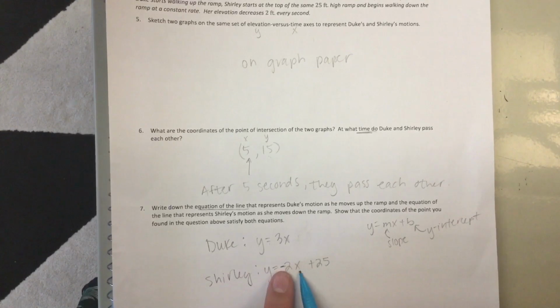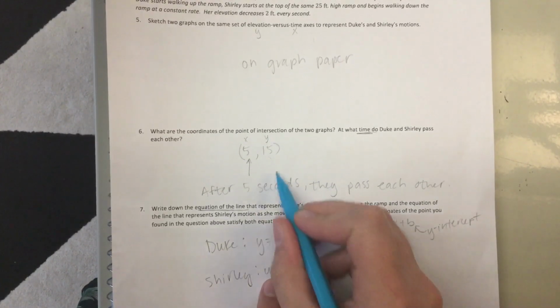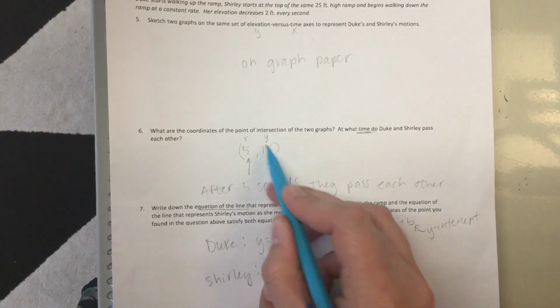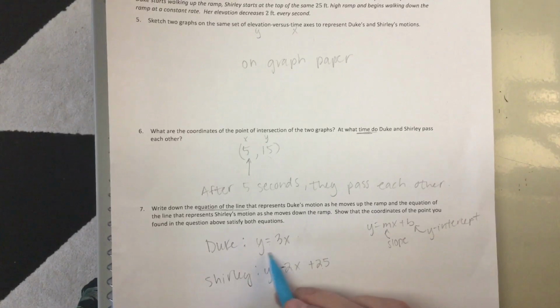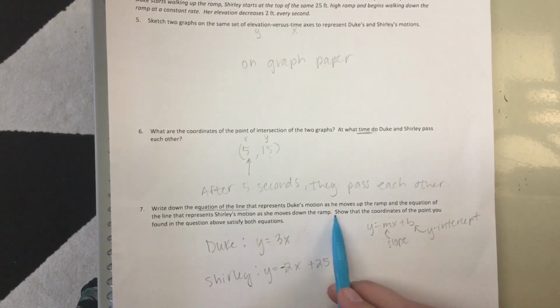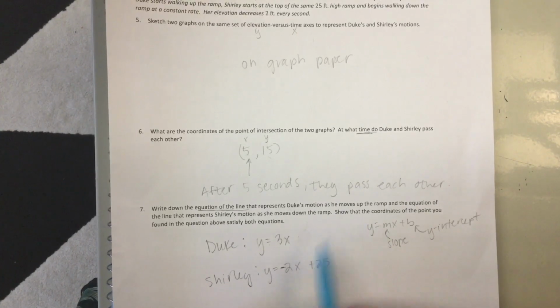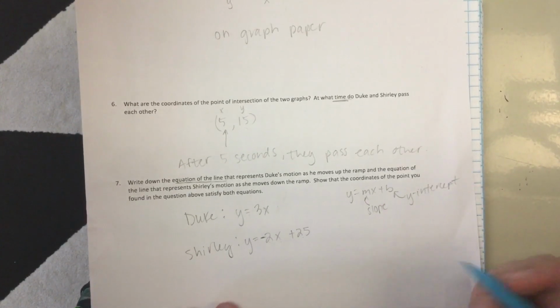How about this? -2 times 5 would be -10, plus 25 is equal to 15. Notice that the x and y values both make each equation true. You're not going to get a false answer. I will attach an image that shows these coordinates matching each other as well. Actually, I can just show that right now.